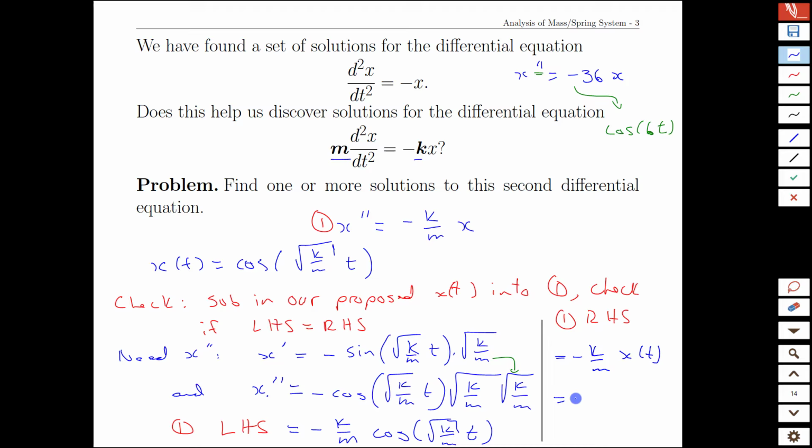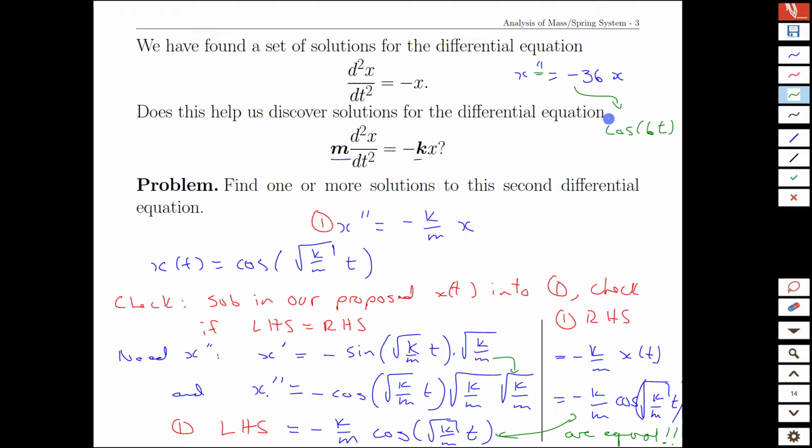And we just said x was, what did we say x was? x was cos of square root of k over m times t. And lo and behold, that is exactly equal to that. Those are equal! So we do have a solution to our differential equation.